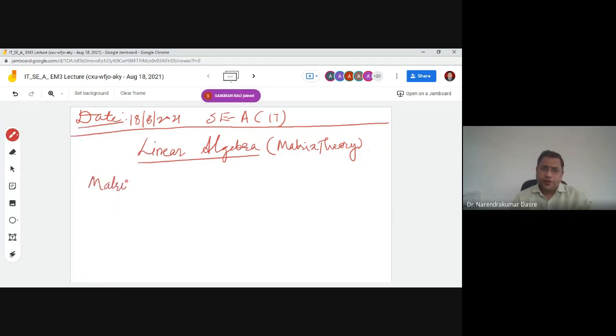Can any one of you define what a matrix is? You can unmute yourself and say what you feel a matrix is. Arrangement of numbers in rows and columns. Yes, good. Arrangement of the elements in rows and columns.